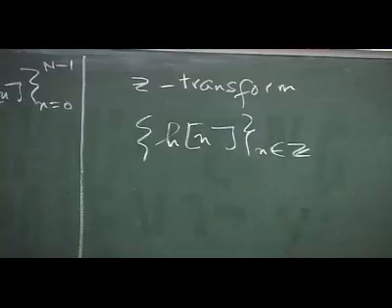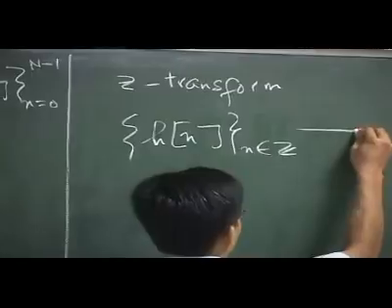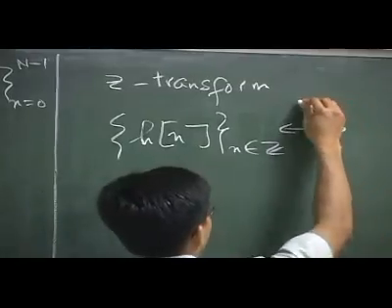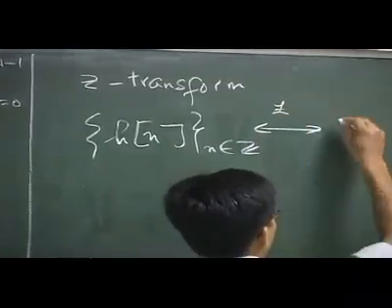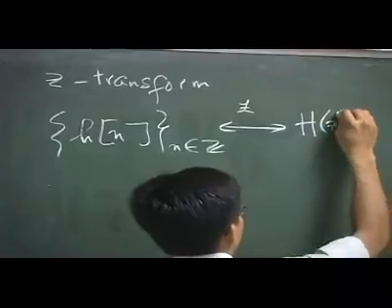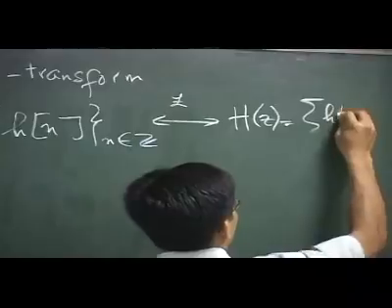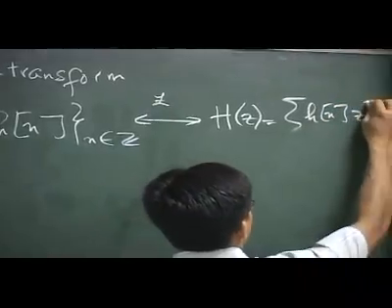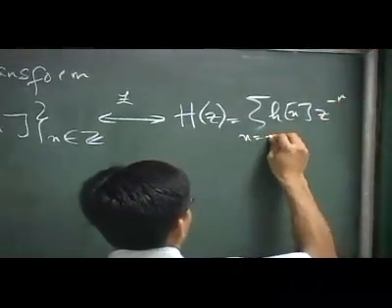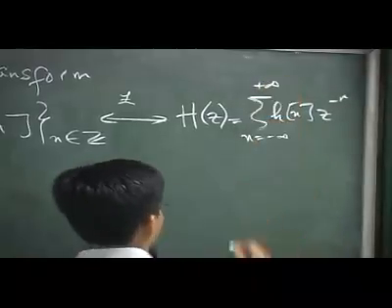Then I simply compute the Z transform by writing H of Z is equal to the summation of h of n, Z to the minus n, and n goes from minus infinity to plus infinity.